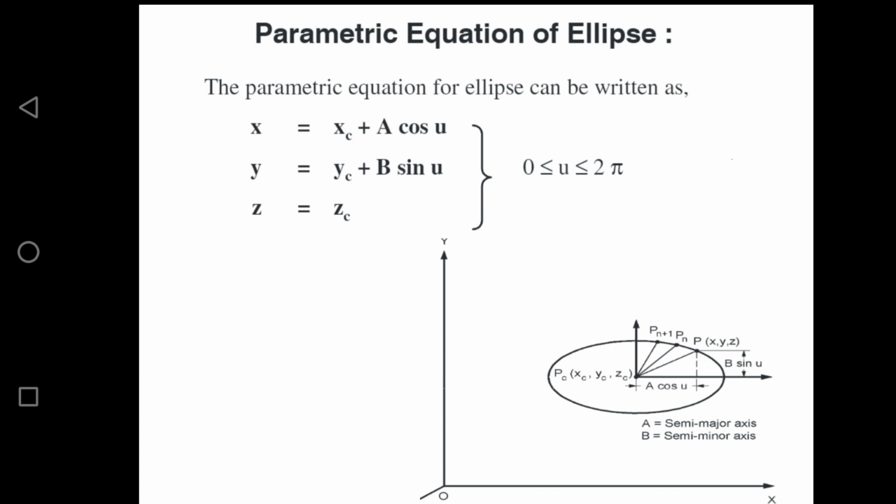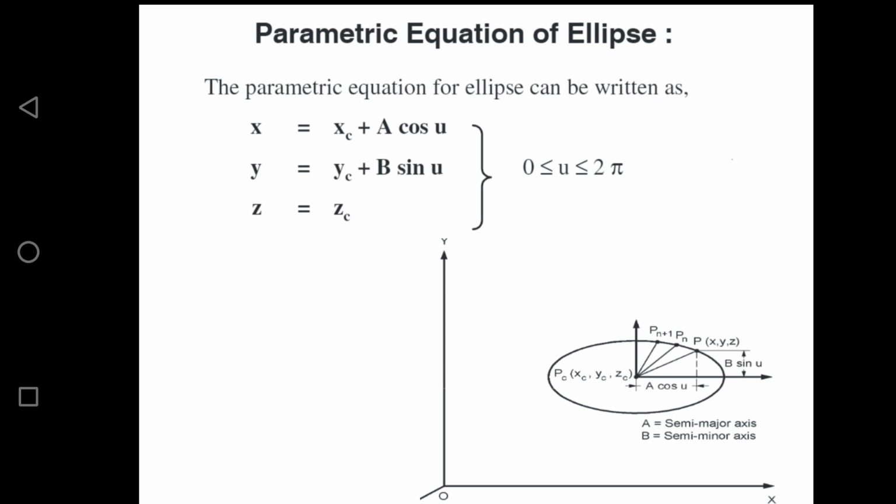So for any point on a circle or an ellipse, to find the distance from the center, we use just cos u and sin u, or cos theta and sin theta. So the point P has a cos u horizontally from the center, and b sin u vertically from the center.